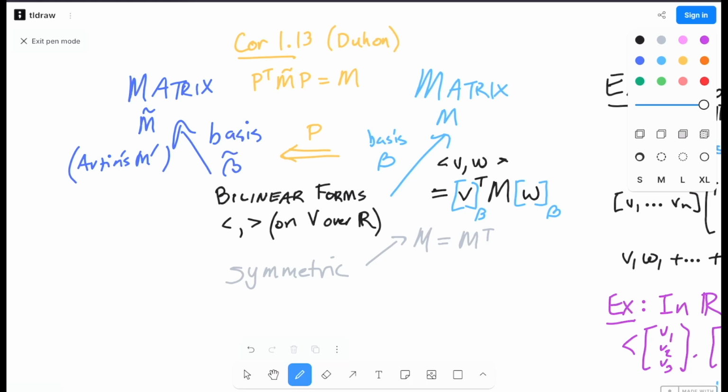What is definitely true is that there's some matrix here, transpose, and some matrix here. I believe that matrix is precisely this P, but it could be P inverse. I spent a lot of time thinking about this last night, and this was the conclusion I came to, but I always get these binary things wrong.